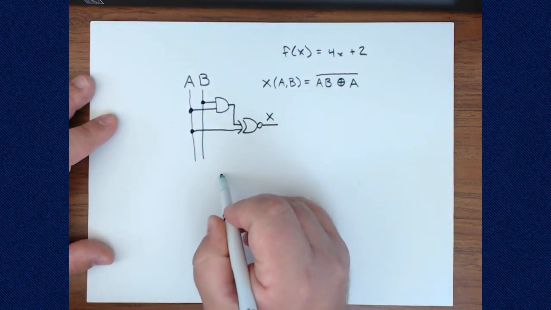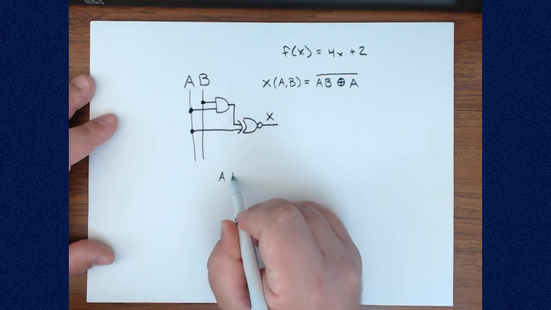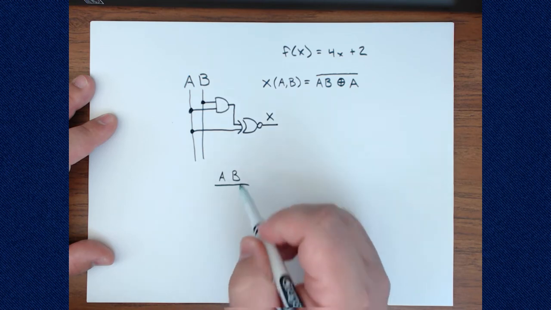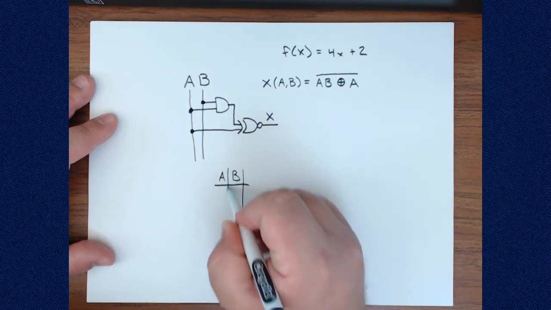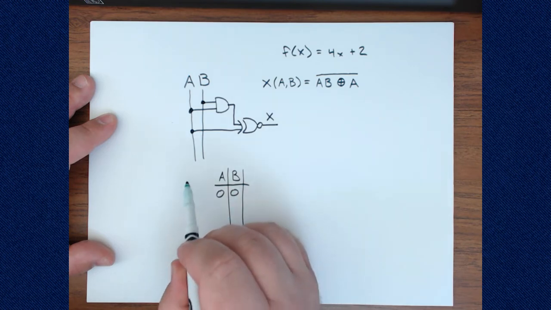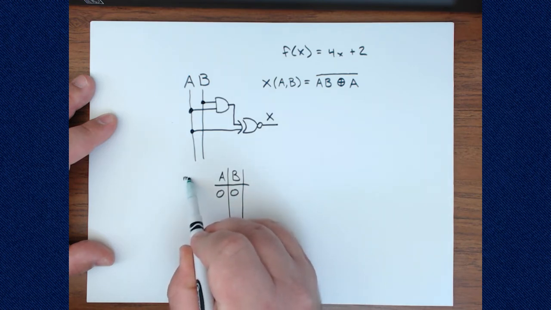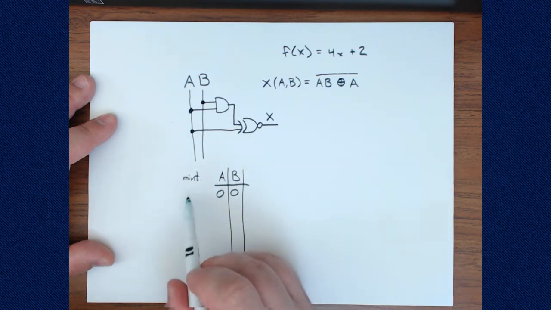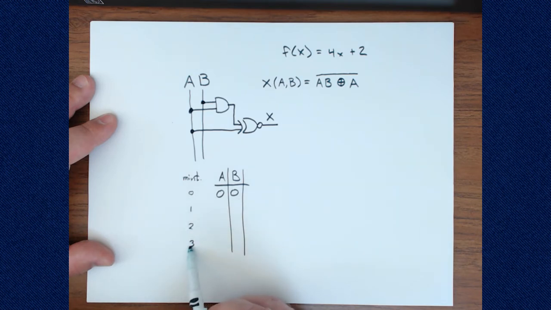So I'm going to start with the input columns a and b, and having only 2 input columns, we are only going to have 4 rows of output, and we're going to label these. Remember that concept of min terms. So I'm just going to write mint. This is going to be row 0, then row 1, then row 2, and then row 3.